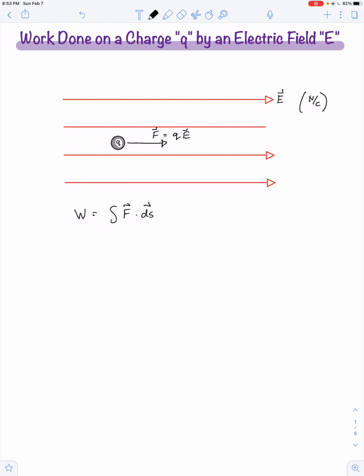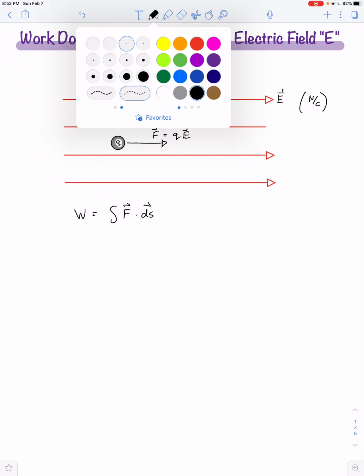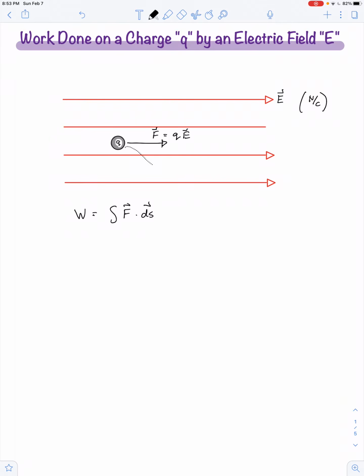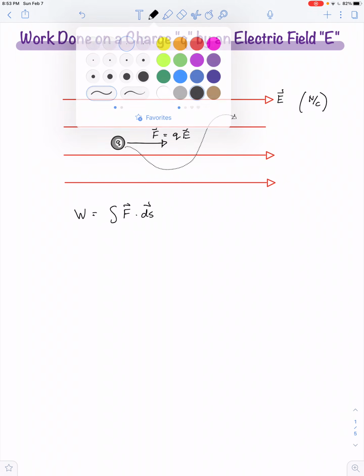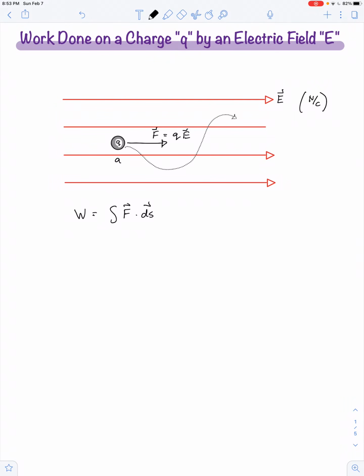So if this charge is moved on some path, maybe like this, so that it travels from some point A to some final point B, then the amount of work at each little point, or for each small displacement along the path, I should say, we divide the path up into little incremental bits we call ds.